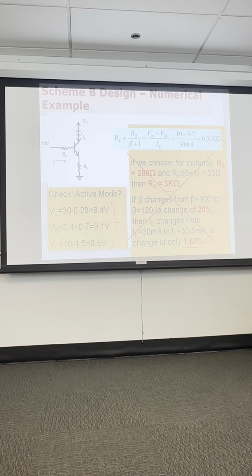So the X goes in there and just says that this is not the best route to take.